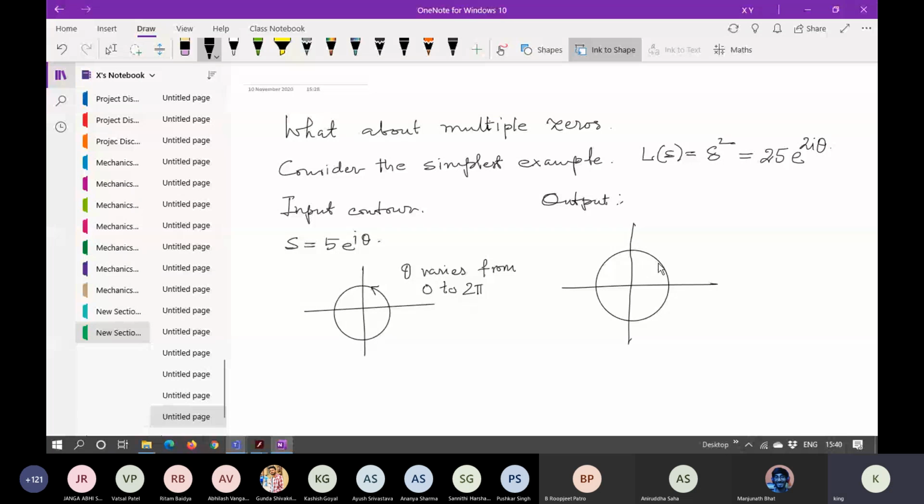In this direction. Here also the movement will be in the same direction. The phi will be equal to 2 theta.